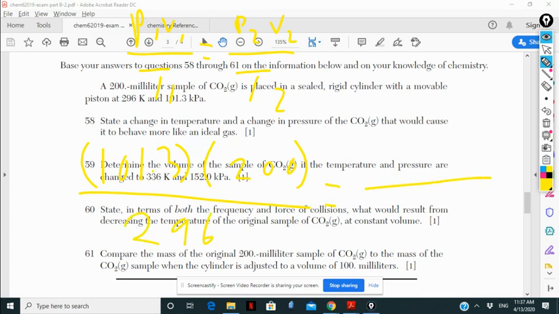Now the temperature is 336 and the pressure is now 152, and the missing value is the volume.